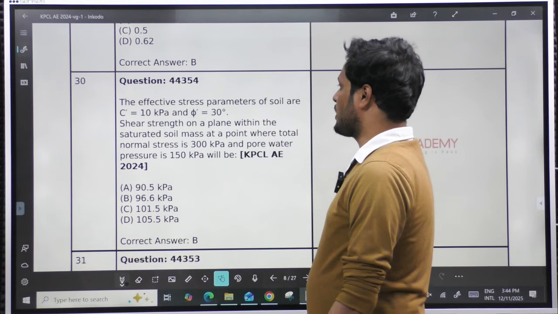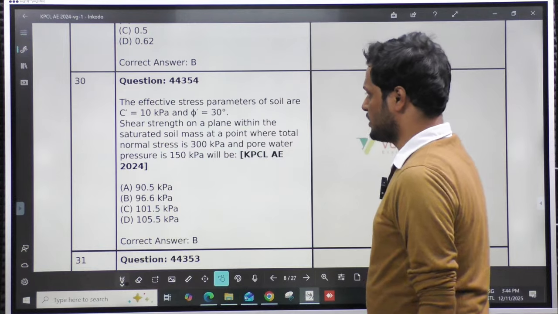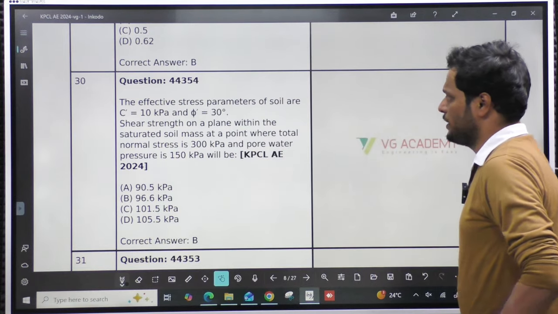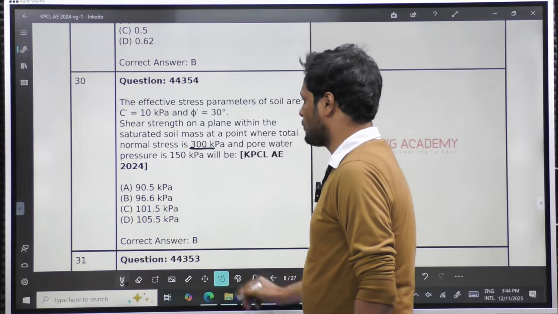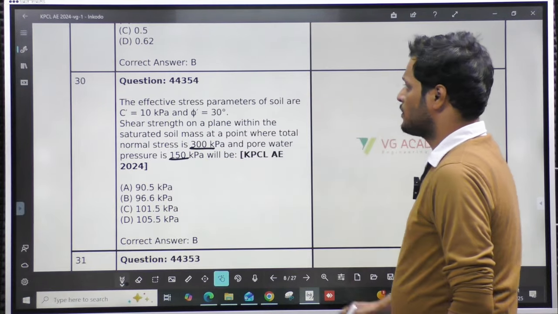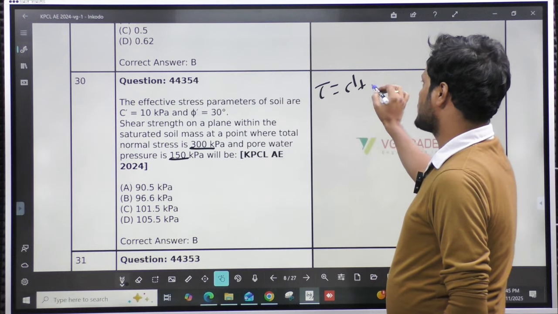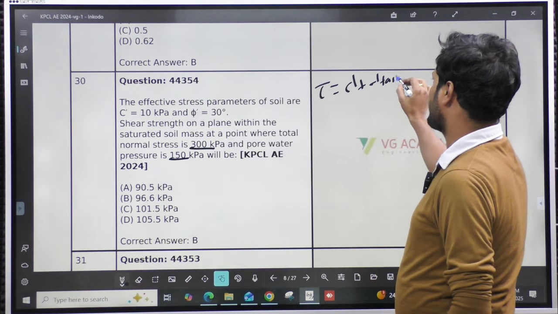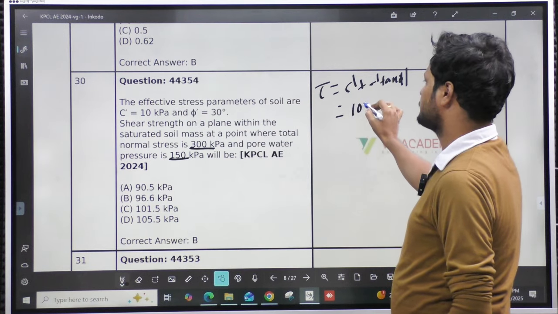The effective stress parameters of a soil are C dash, phi dash. Find the shear strength on a plane within the saturated soil at a point where the total normal stress is 300 and pore water pressure is 150. Effective stress is given, they are asking shear strength, so C dash plus sigma dash tan phi. C dash is 10.